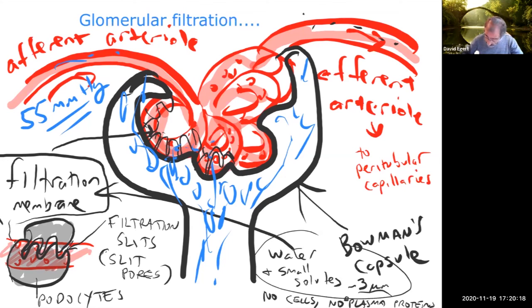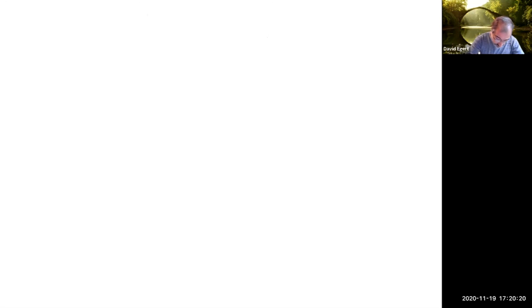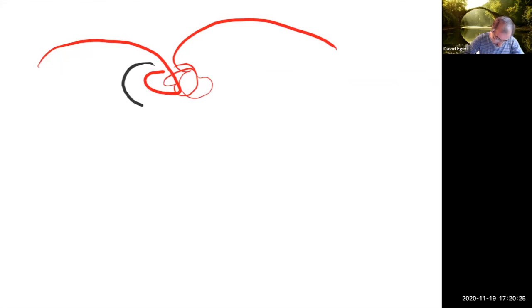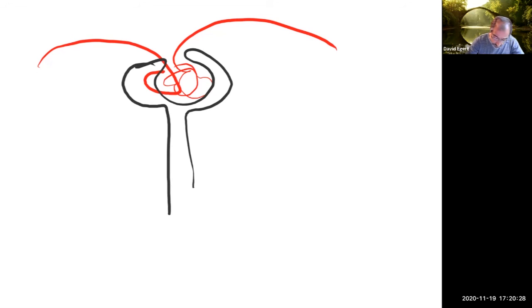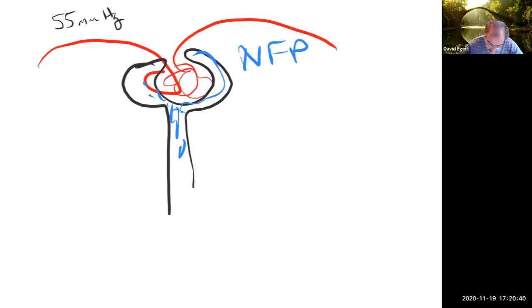So we're going to look at this in a little more detail now. So we talked about 55 millimeters of mercury coming in, fluid. So we're going to talk about NFP, the net filtration pressure.